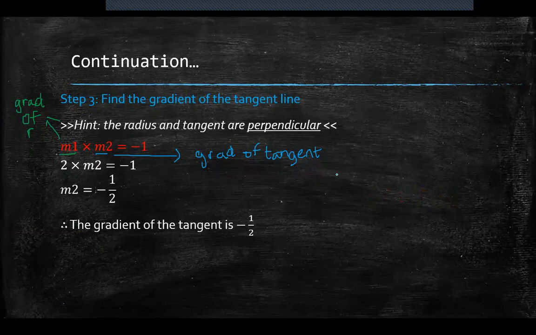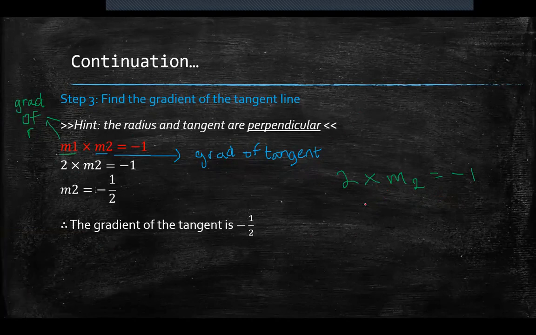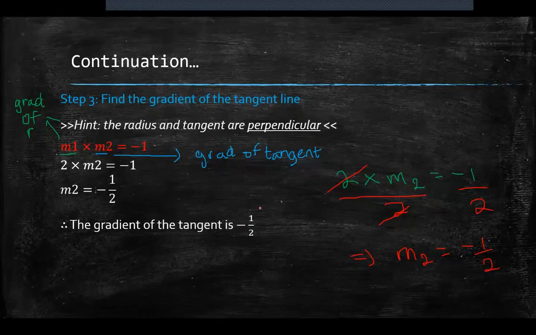So 2 times m2 is equal to -1. We need to divide by 2 on both sides because we want m2 alone. These 2's would cancel, so what I remain with is m2 is equal to -1/2. That's why the gradient of the tangent, which is m2, is -1/2.